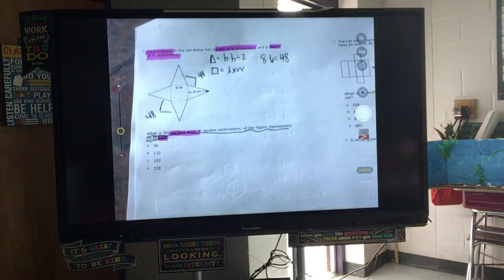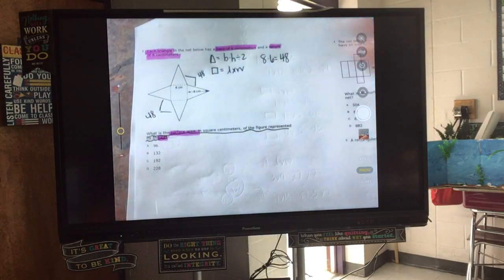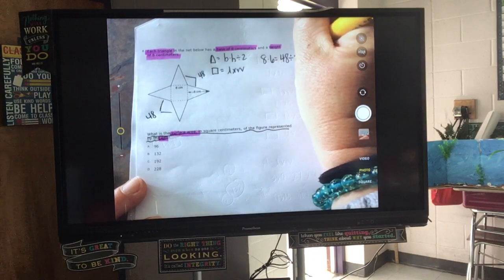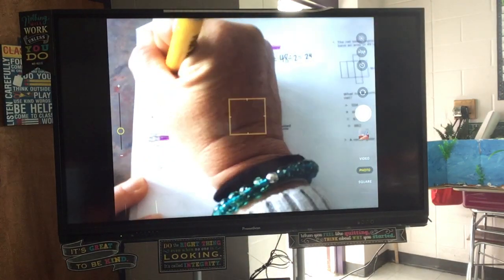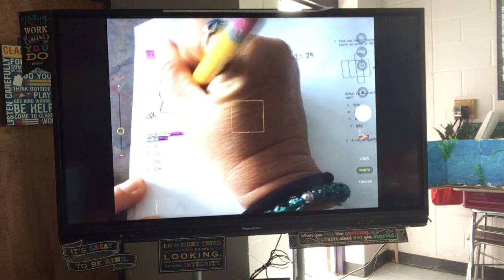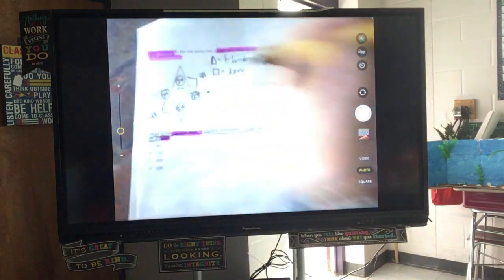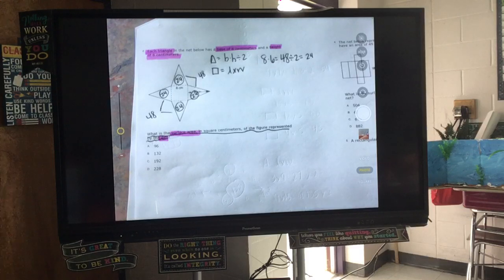Okay, so be careful with that one. That's a little confusing. I want you to divide by 2, get 24, and realize this is 24, this is 24, this is 24, and this is 24. Either way, you're going to get the same answer. So it doesn't matter whether you're dividing or not, but you do have to understand that in a square pyramid you actually have to multiply your triangle's answer by 2.